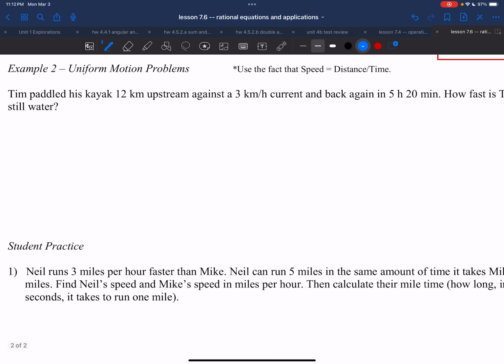But the thing about uniform motion problems, they're all using speed is distance over time. So you have to use that fact to help set up the ratios. Thing is, you don't really add speeds, right? Example, the bus and train, I think I mentioned earlier.